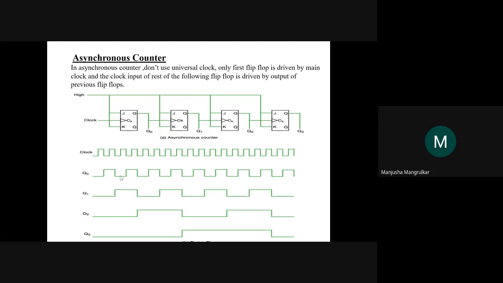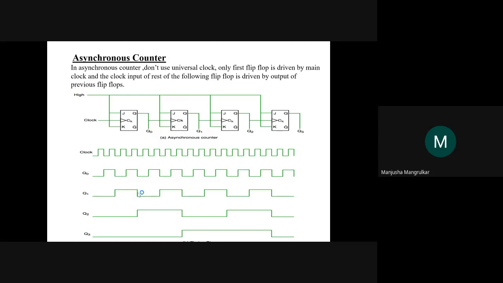At the negative edge of Q0, your Q1 will get activated for this clock pulse, right? When your Q1 is activated, it is given to the Q2.